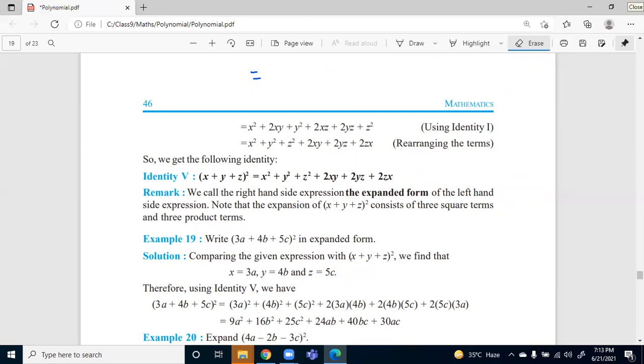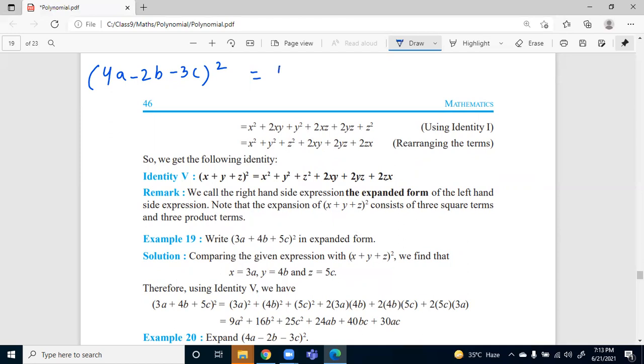Okay, so the next question, please pay attention. It is with negative signs. So here comes the difference. In our original identity, there is a plus sign everywhere, but here 2b is with a negative sign and 3c is with a negative sign.